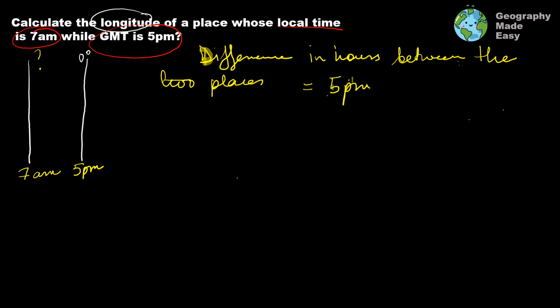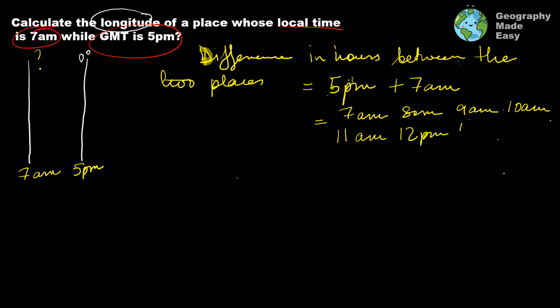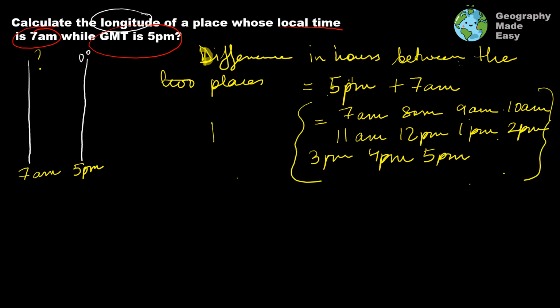So we have 5 p.m. and 7 a.m. Let us write this down: 7 a.m., 8 a.m., 9 a.m., 10 a.m., 11 a.m., 12 p.m., 1 p.m., 2 p.m., 3 p.m., 4 p.m. and 5 p.m. Because a lot of students have confusion, you can show this as your rough work.